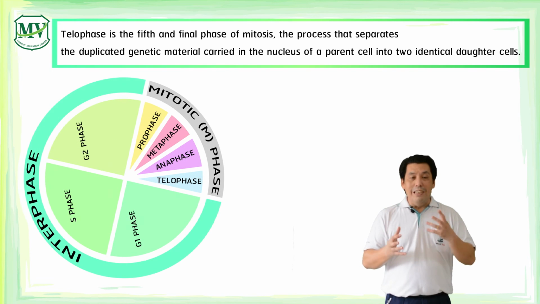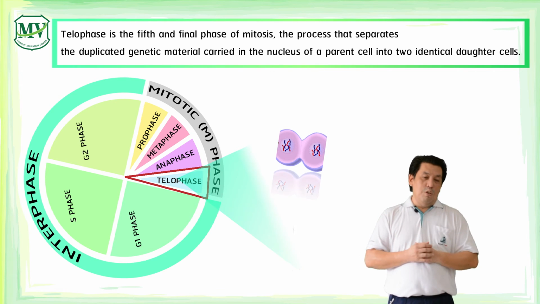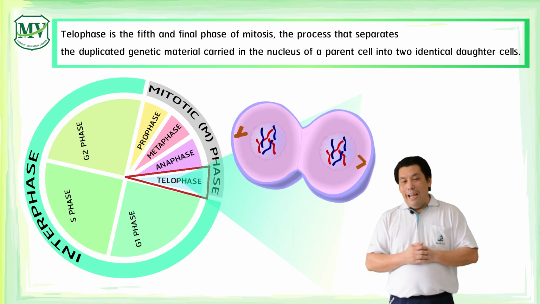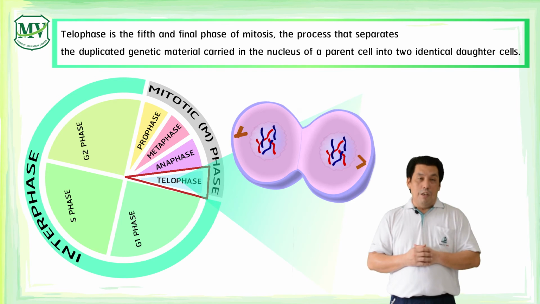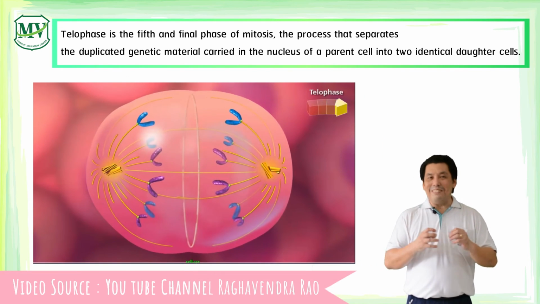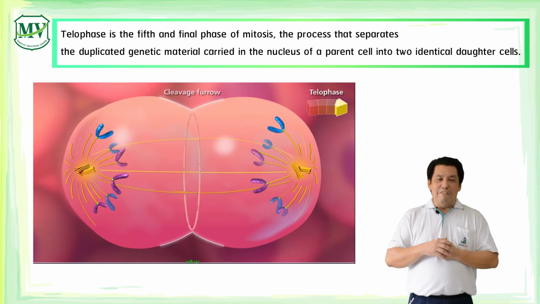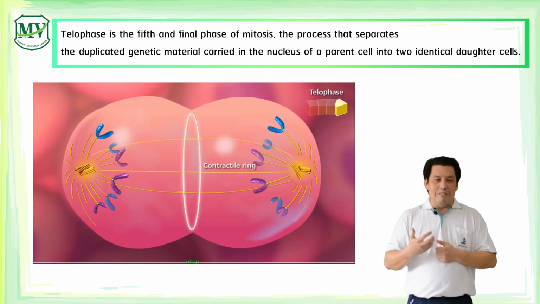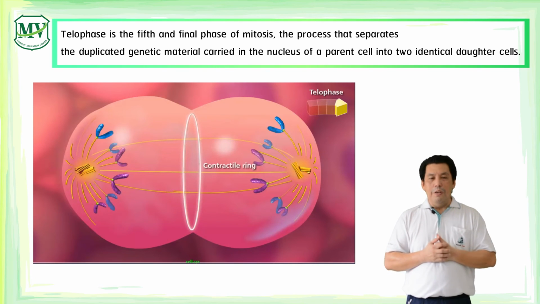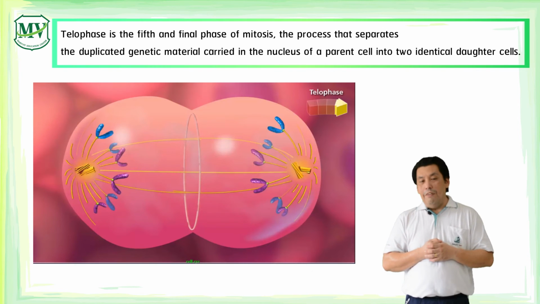Telophase is the last phase of mitosis. Telophase is when the newly separated daughter chromosomes get their own individual nuclear membrane and identical sets of chromosomes. Once the daughter chromosomes have fully separated to opposite poles of the cell, the membrane vesicles of the parent cell's old, broken down nuclear envelope form into a new nuclear envelope.